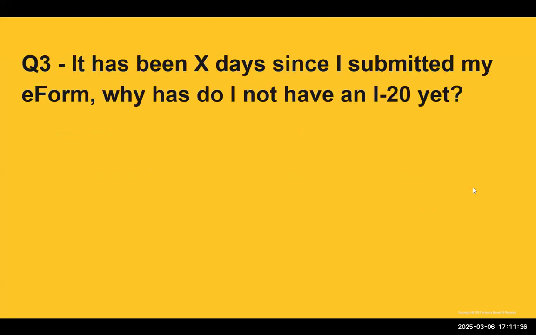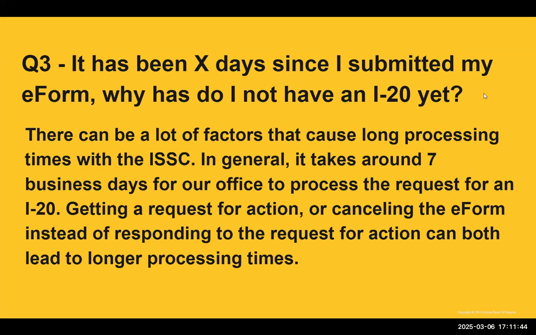And for the last question, it has been X amount of days since I submitted my e-form. Why do I still not have my I-983 or my I-20 yet? So there can be a lot of factors that cause a long processing time with the ISSC, but in general, it takes around 7 business days for the office to process the request for an I-20 as well as all e-forms.